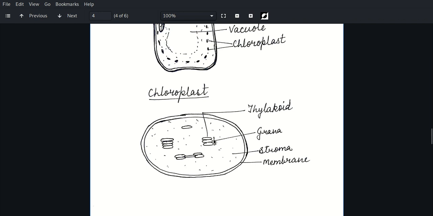In the same way, when thylakoids are arranged one over another and form bundle, this bundle of thylakoids is called as grana. Singular is granum and plural is grana. Grana is the site for the process of photosynthesis.